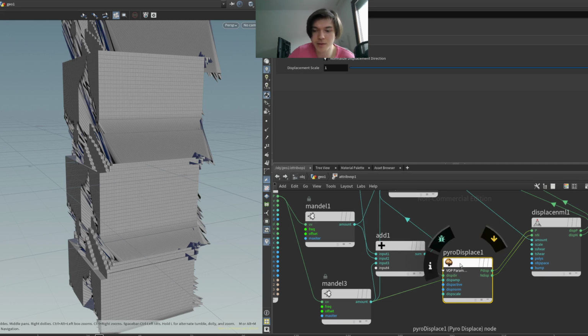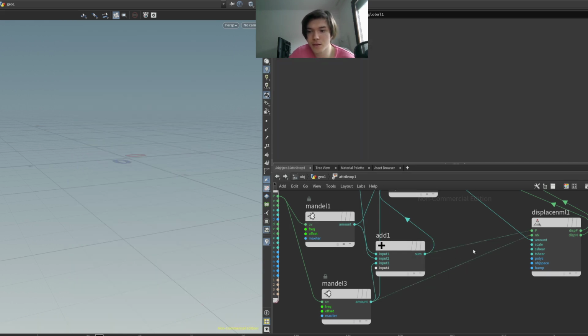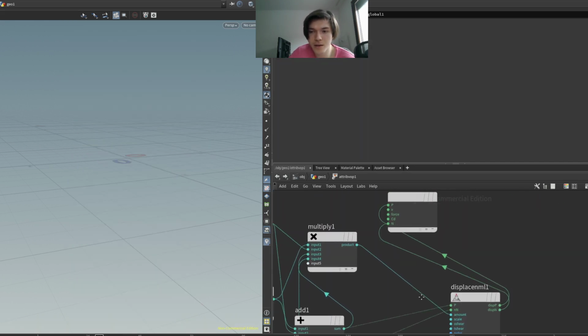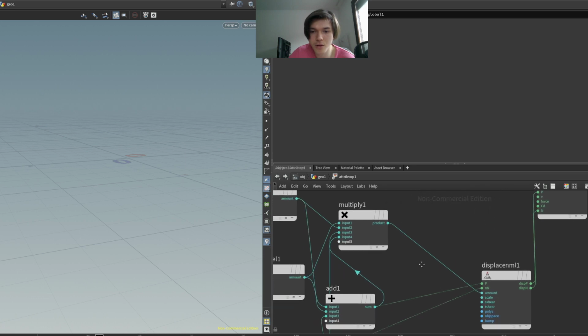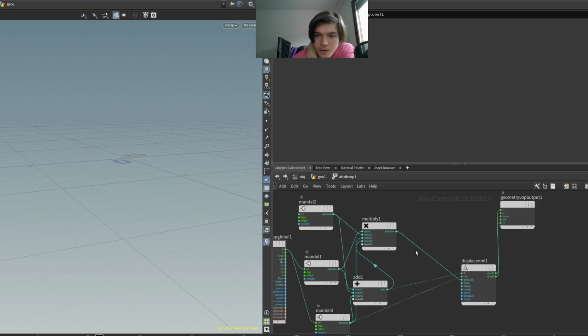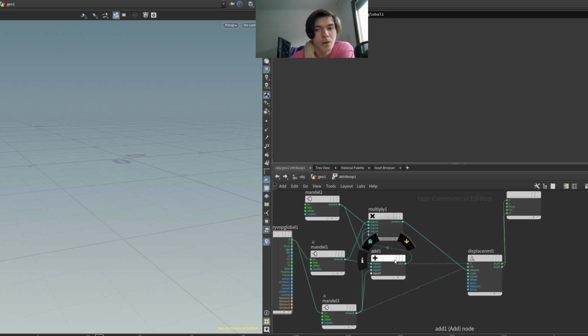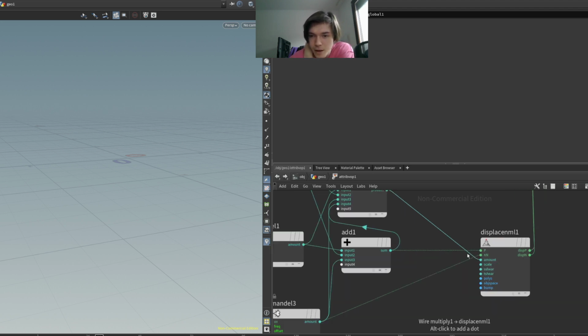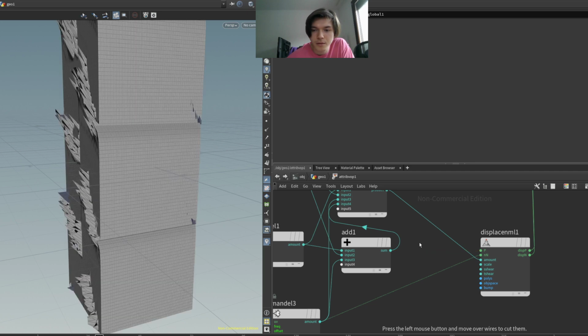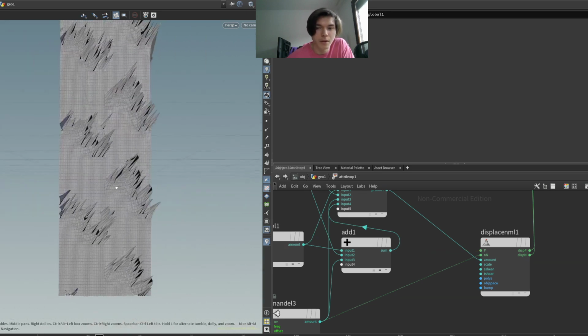Pyro displays. I do not necessarily like it that much, but I would like to have this. Maybe we indeed combine one noise with the Mandelbrot thing. I just don't know what I did there now. Okay, there we go.